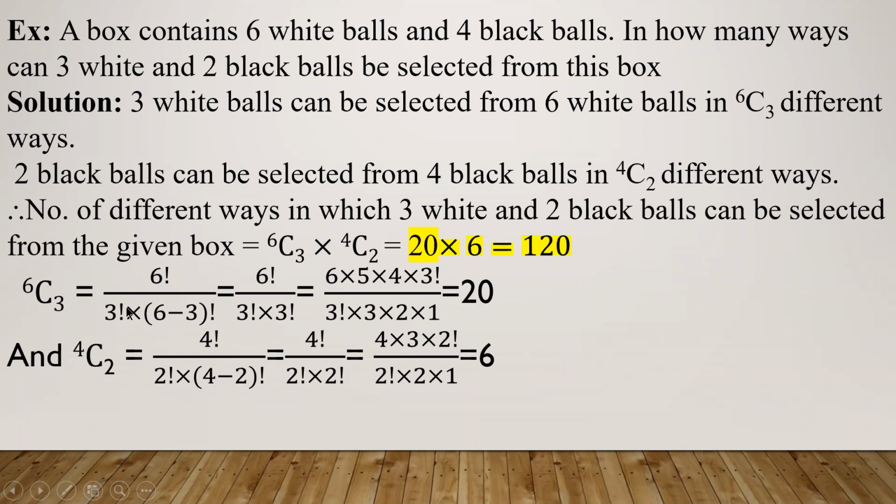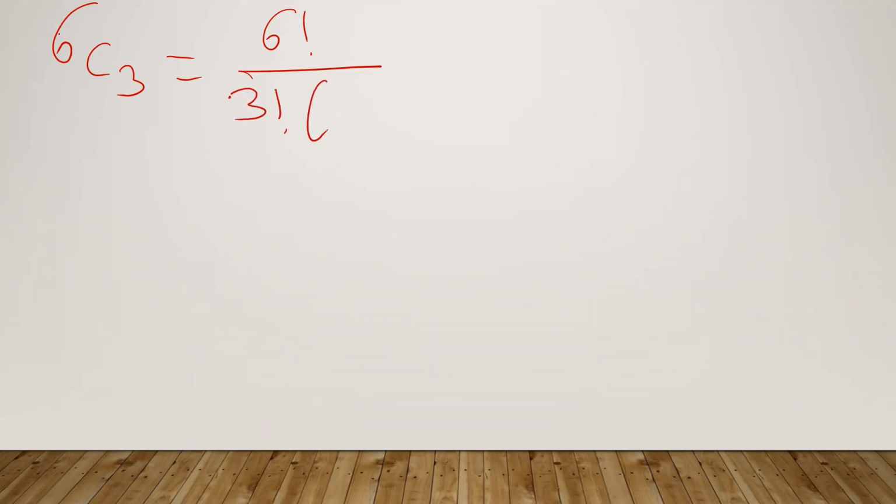So 6C3. If you want, I can do it here. 6C3 कैसे निकालेंगे? 6 factorial divided by 3 factorial into 6 minus 3 factorial. That is 6 factorial divided by 3 factorial, and 6 minus 3 is also 3 factorial. It's the multiplication here.